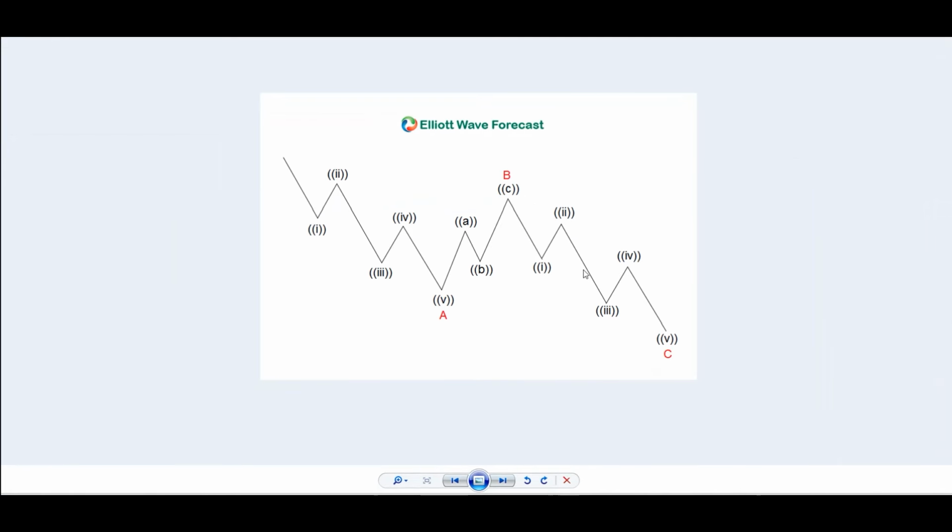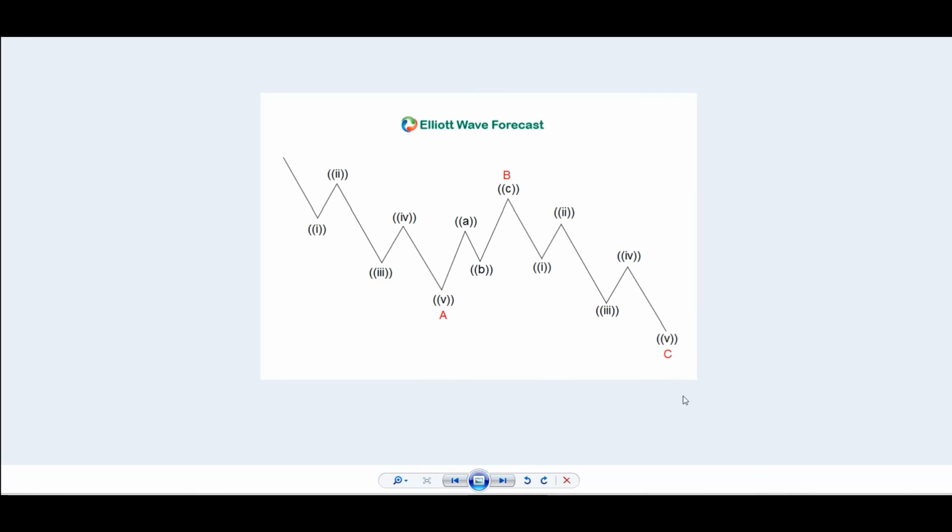We're looking to complete C, which should be in 5 waves. So the A is in 5 waves. This is a corrective pattern, and typically the C will be ending somewhere between 100% to 161.8% of the A. Now if the C reaches 1.618, then the entire move in fact can become a 1, 2, 3, which is an impulsive structure with a 4 and a 5 to come.